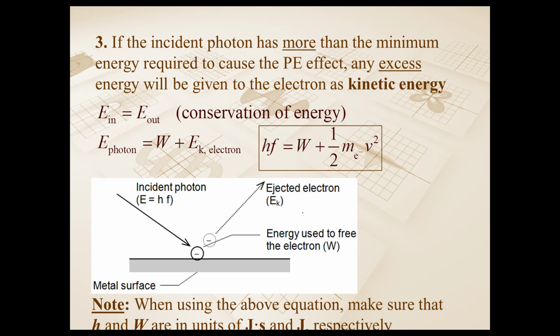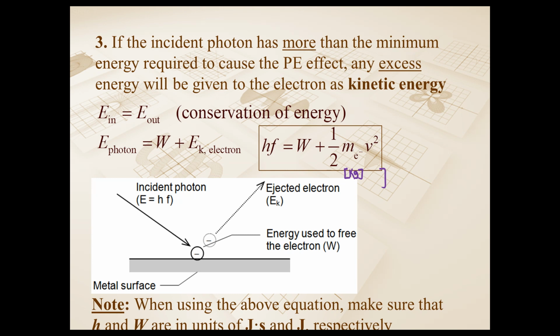When you do use the above equation, make sure that the units for h and the work function are in joules times seconds and joules respectively. And here's why. When you calculate kinetic energy, typically you have mass in kilograms, and then you have speed in meters per second. Oh, meters per second all squared. Let's erase that. I was thinking of the units for acceleration.